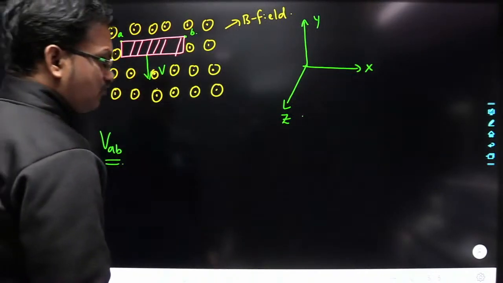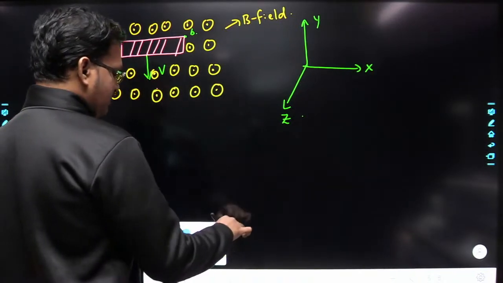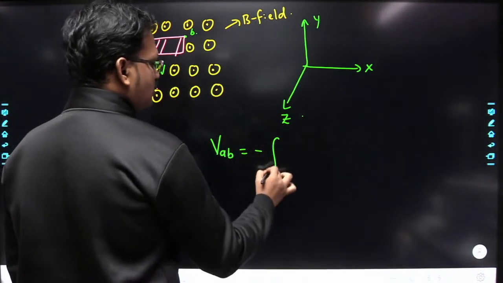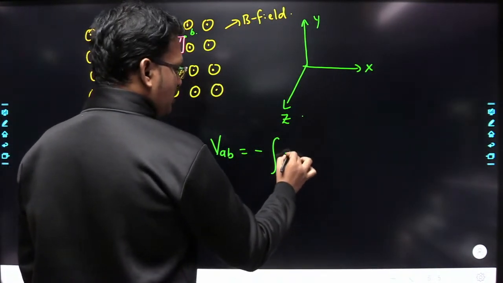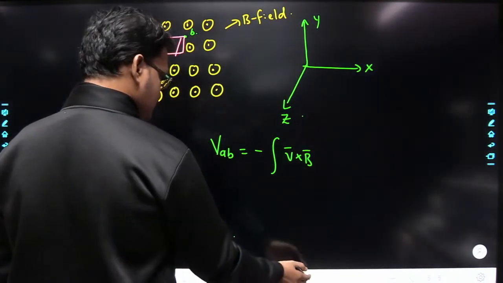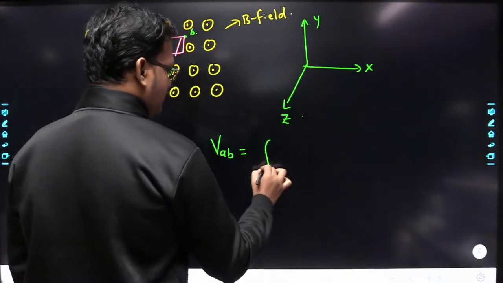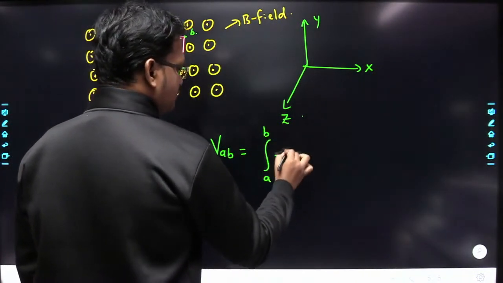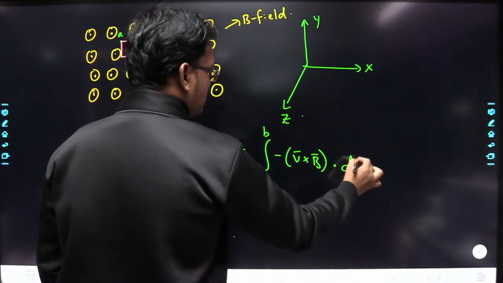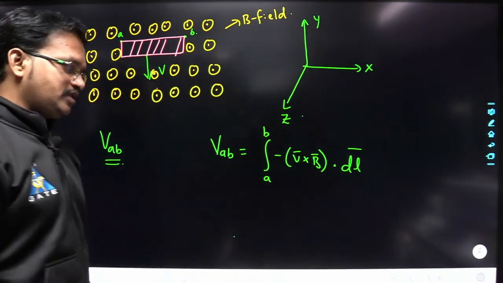Just now I have told you what you have to use. Now you are very much clear with the concept, so you can directly use this formula: VAB is equal to minus of integral E bar dot DL bar, that is, VAB is equal to integral from A to B of minus of V bar cross B bar dot DL bar. You can use this formula directly and tell me the answer here.